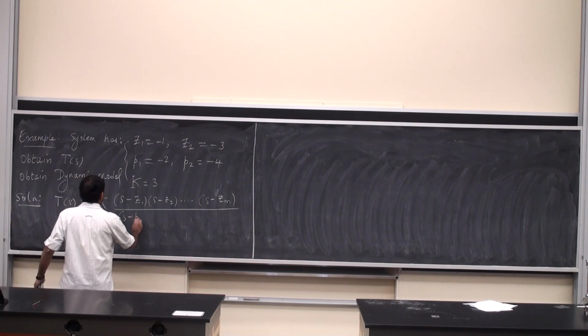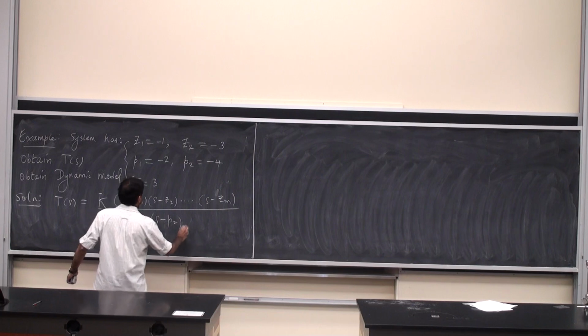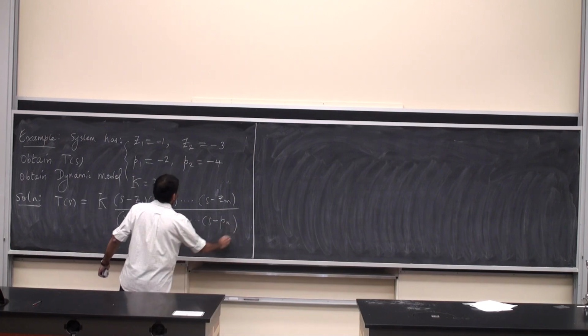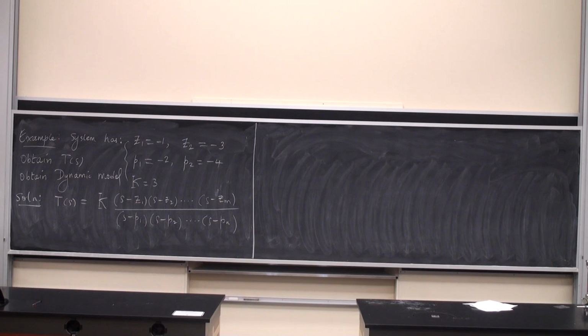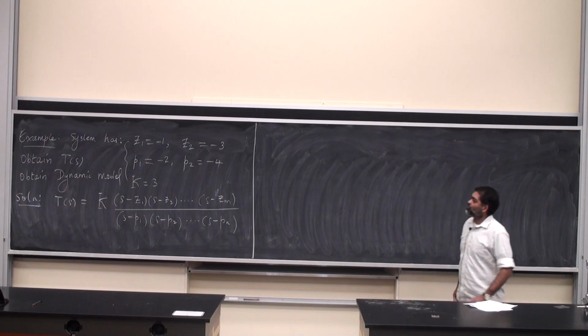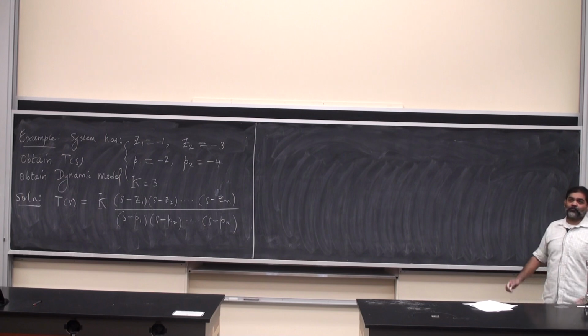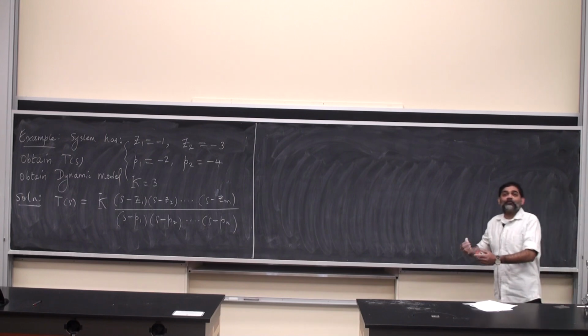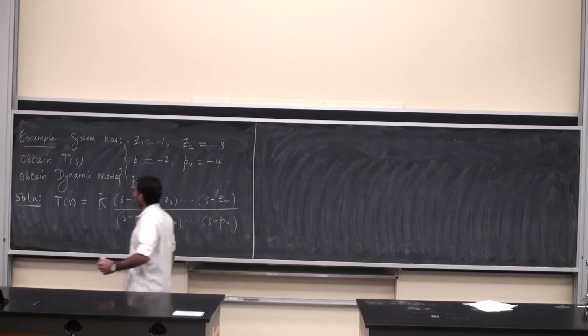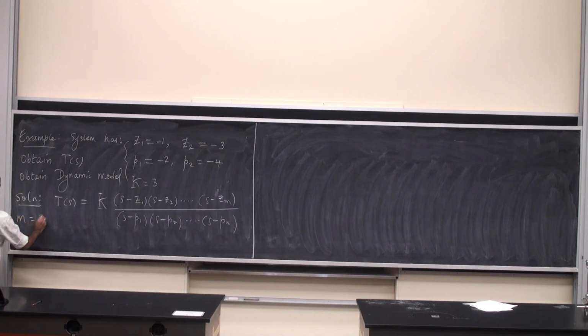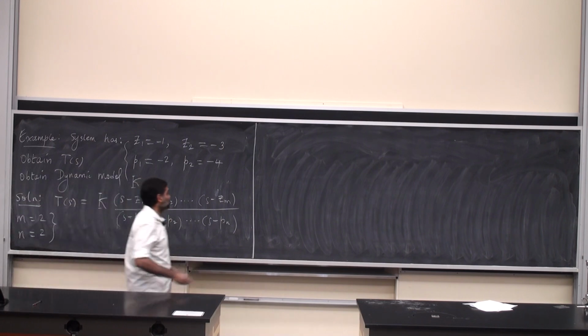So this is S minus P1, P2, and so on. What's the value of M in this case? Has to be 2. What's the value of N? Has to be 2 as well, because those are the only things given to us. So all I have to do is substitute for Z1, Z2, P1 and P2, and substitute the gain. It's as simple and silly as that.